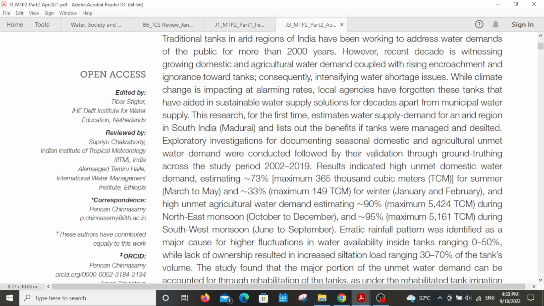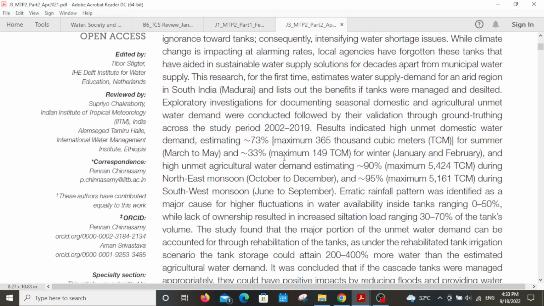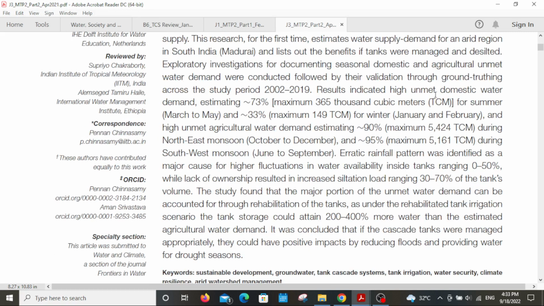Exploratory investigations for documenting seasonal, domestic, and agricultural unmet water demand were conducted, followed by their validation through ground truthing across the study period 2002 to 2019. Results indicated high unmet domestic water demand, estimating 73% for summer season and 33% for winter, and correspondingly high unmet agricultural water demand, estimating 90% during the northeast monsoon, which is also called post-monsoon, and 95% during the southwest monsoon, which is also called monsoon season.